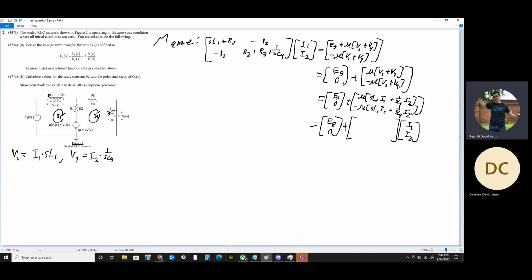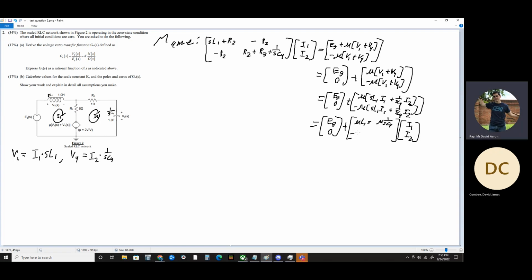So for I1, we see that we have one component for I1 here, and that's going to be our mu SL1, which I'm going to move everything to, I'm going to move the S to the right. UL1S, and then we have our mu 1 over SC4 I2, so that's going to be mu 1 over SC4.